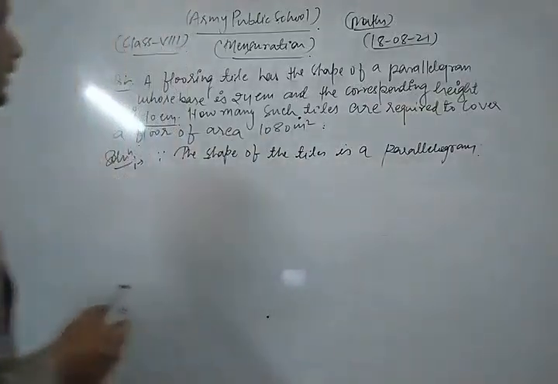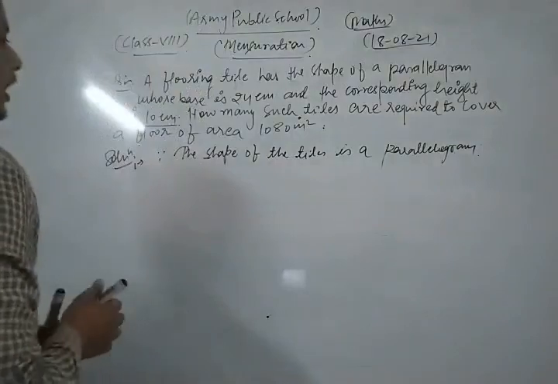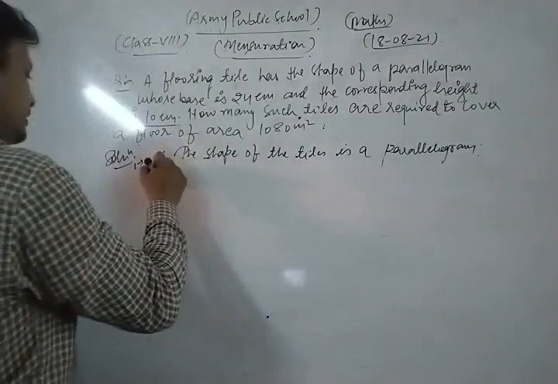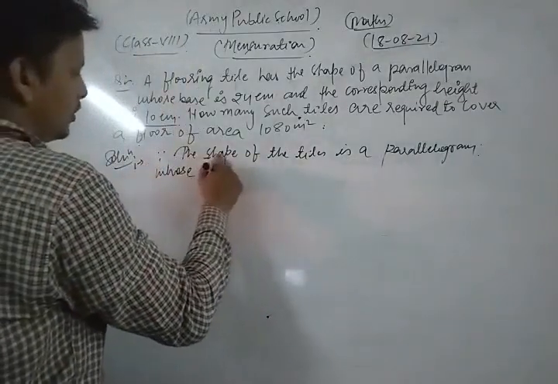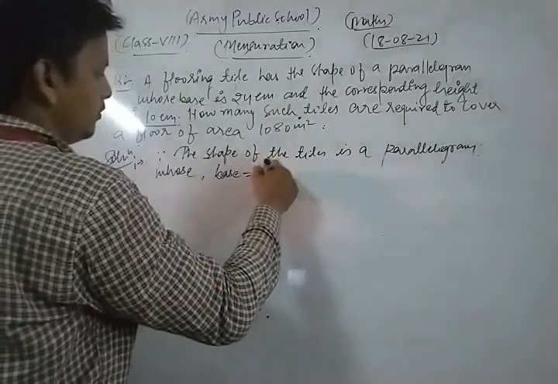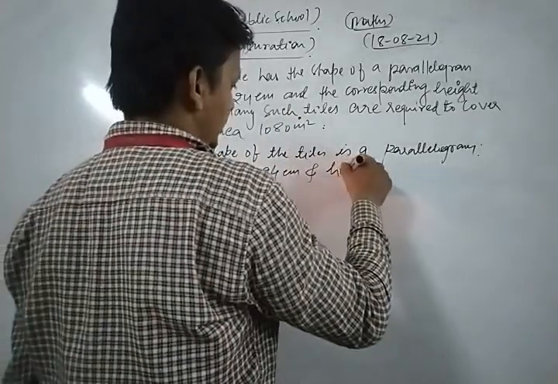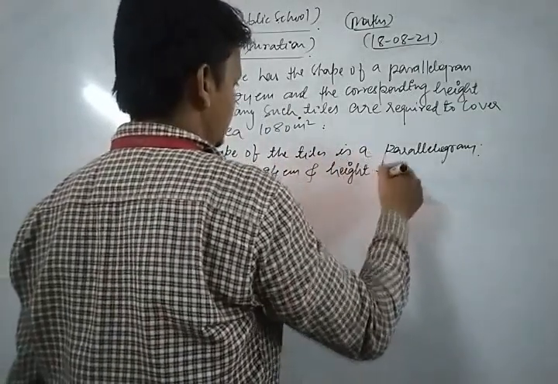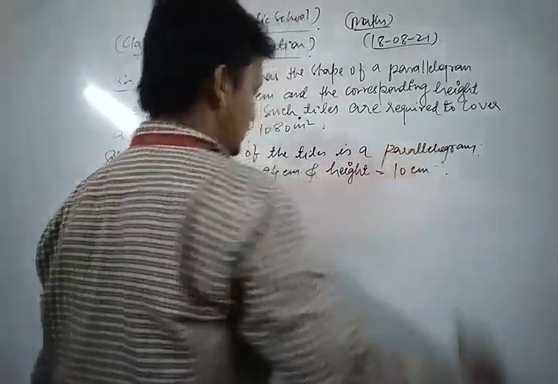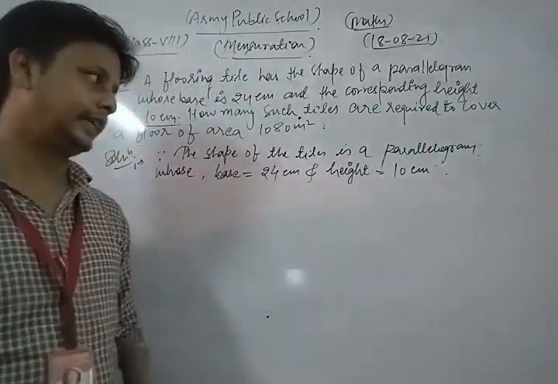Look, dear students, here the shape of the tile is a parallelogram. First of all we find the area of each tile, whose base is given as 24 centimeter and corresponding height is 10 centimeter.